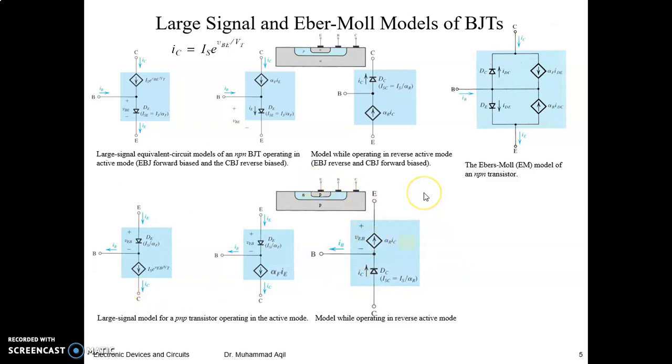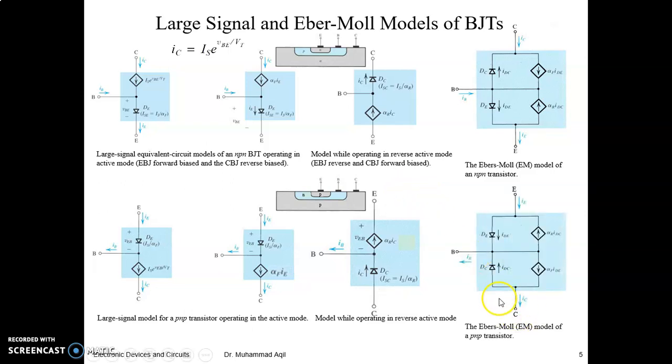So the Ebers-Moll model says that your transistor can be replaced with this equivalent circuit. If someone connects in this configuration, making this forward and this reverse, then this route will be followed: the emitter-base diode is forward biased and the collector-base becomes the current source.